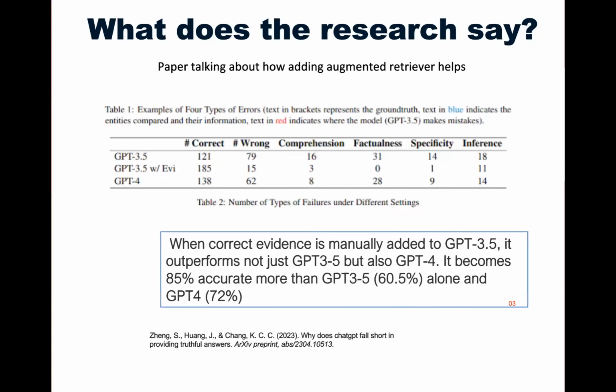There is enough research to suggest that adding a search, or adding a retriever, to a language model improves the accuracy of answers, right? There are several studies that basically say, okay, this is ChatGPT, this is the current number of questions you get correct. If I add in a search engine, what happens, right?